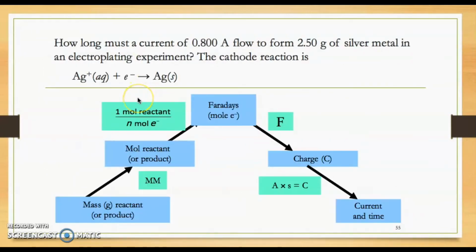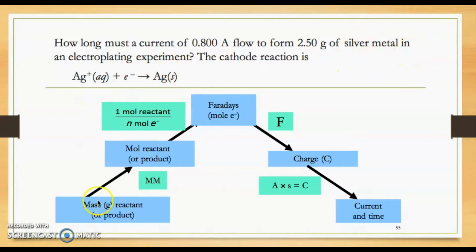Another example, how long must a current of 0.8 ampere flow to form 2.5 gram of silver metal in an electroplating experiment? The cathode reaction is, this is the silver ion gaining 1 electron to form the silver solid, meaning the silver metal.